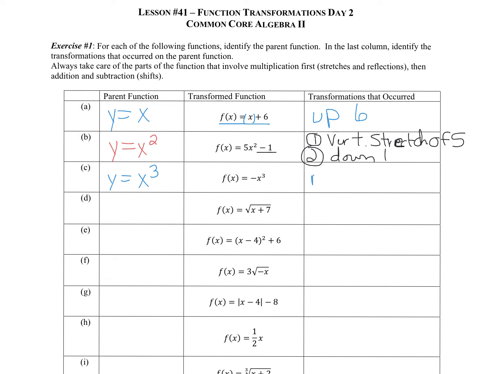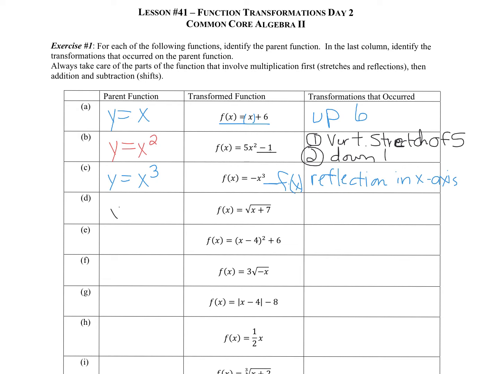So that's a reflection in the x-axis. So this to me is negative f of x. In essence, if you simplify in parentheses negative x cubed, it is the same thing as this, but that's what I see in the notation.